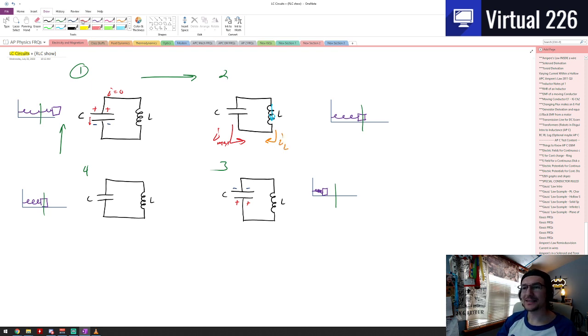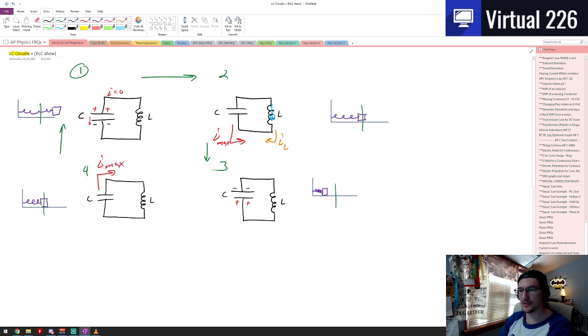Okay. Sometime later, though, whatever that is, our charges are going to go around such that the bottom side of the capacitor will now be charged positively, and the top will be our negative side. And when that occurs, we're just going to get a cycle again. We're going to get currents running around, and in doing so, the currents are going to begin to run around at some maximum.